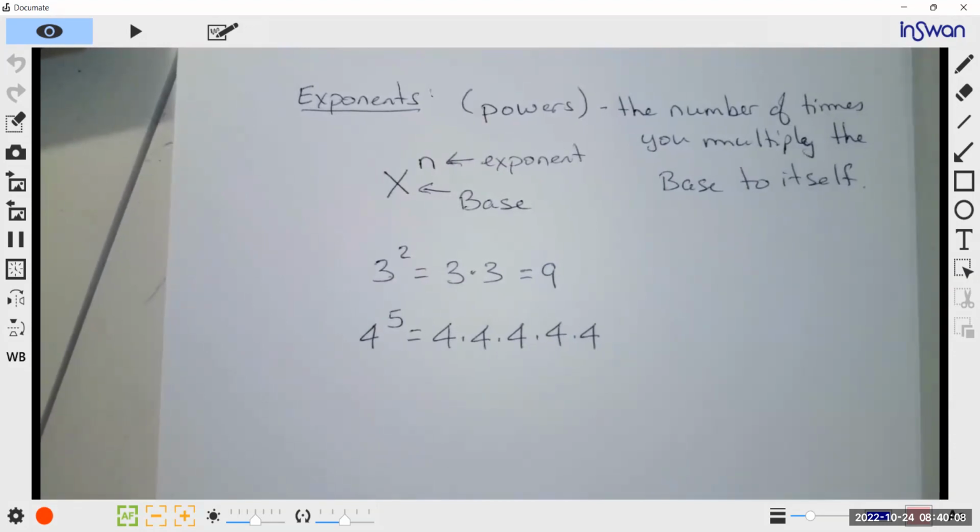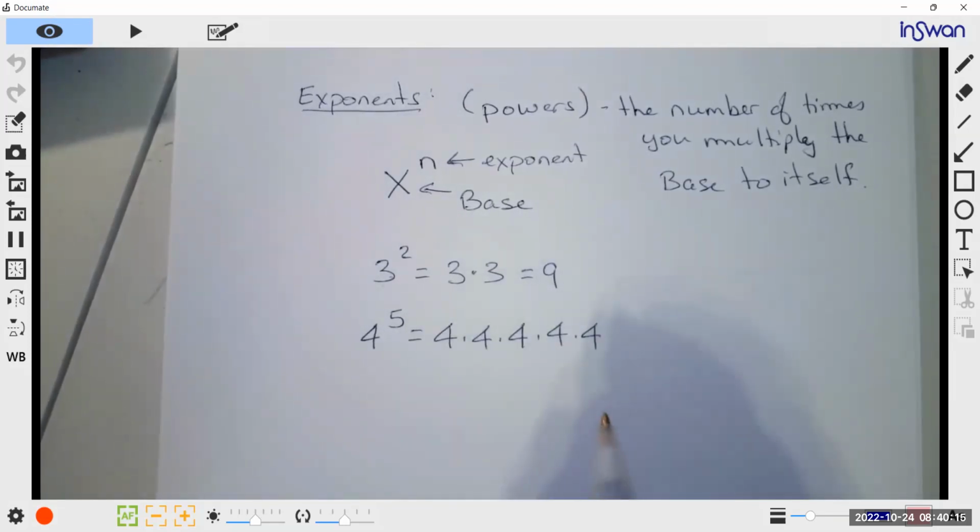It's some big number. Remember, it's not the same thing as 4 times 5. It's not equal to 20. 4 times 4 is 16. 16 times 4 is 64. And you keep on going from there.